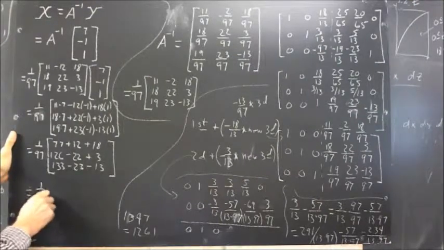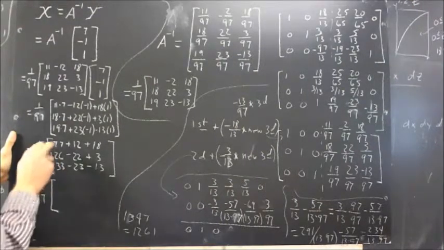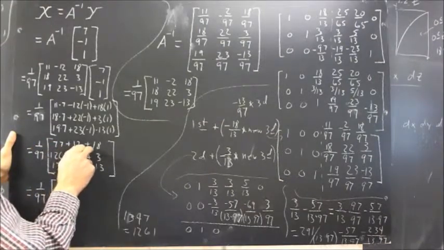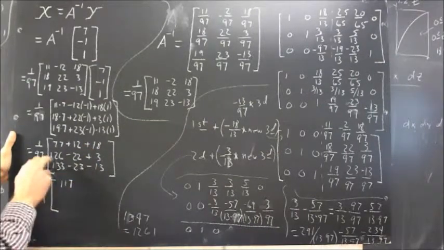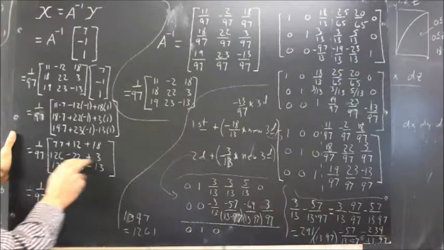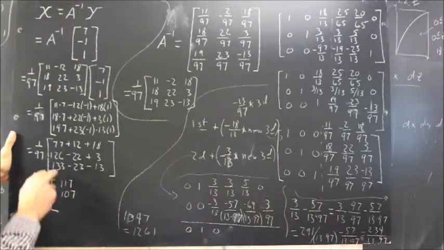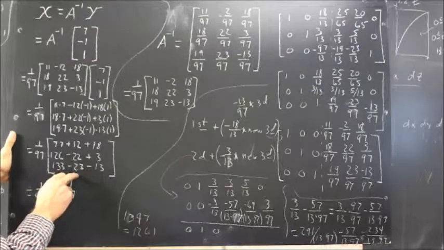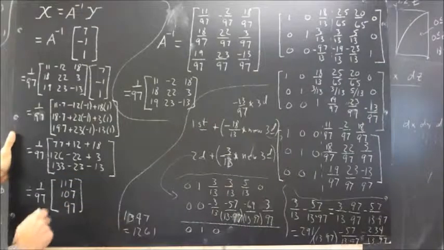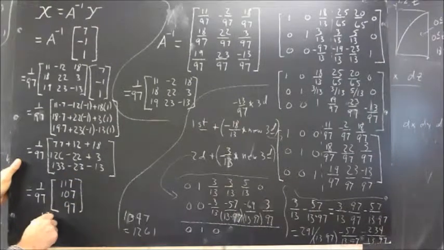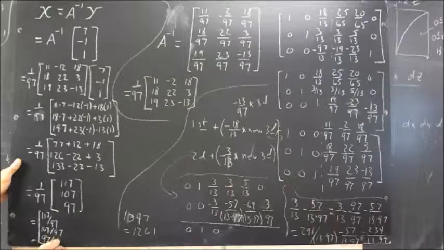So what's that? That's 1 over 97 multiplied by 77 and 12 is 99, and 18 is 117. 126 minus 22 is 104, plus 3 is 107. 133 minus 23 is 110, minus 13 is 97. So that equals 117 over 97, 107 over 97, 97 over 97.